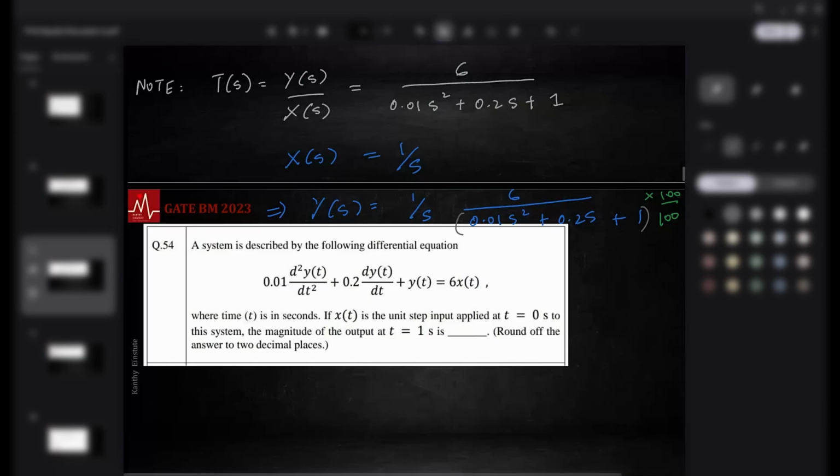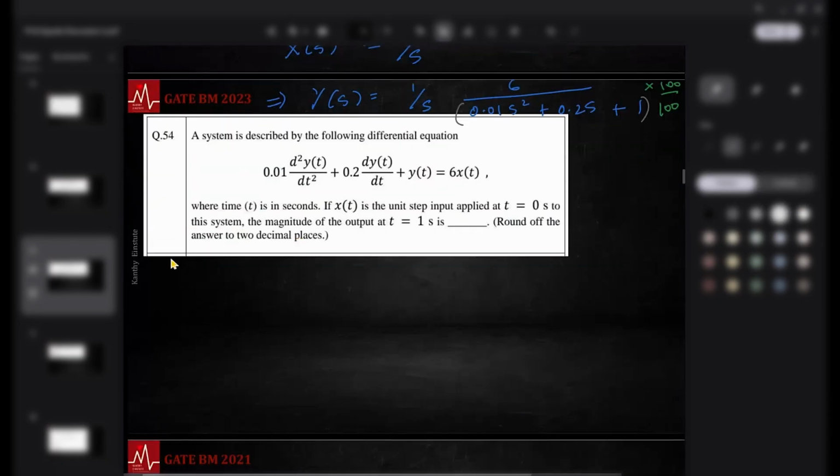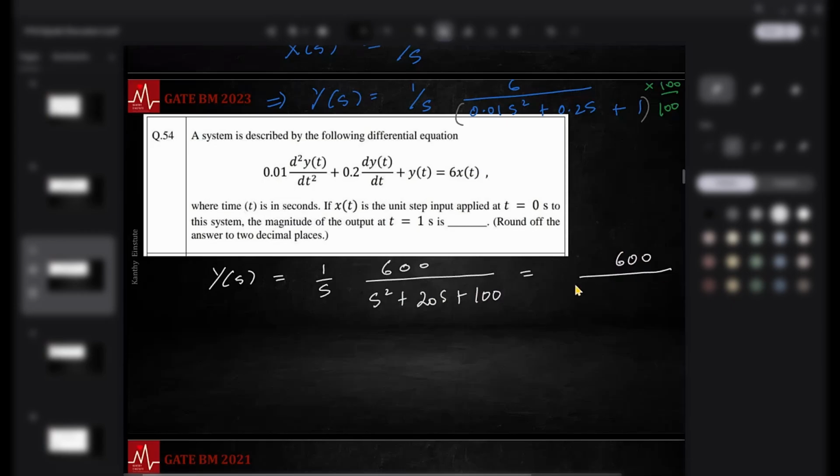So yeah, this may not fit in a paper. The denominator is s square plus 20s plus 100, so this is 600 by s times (s plus 10) whole square.